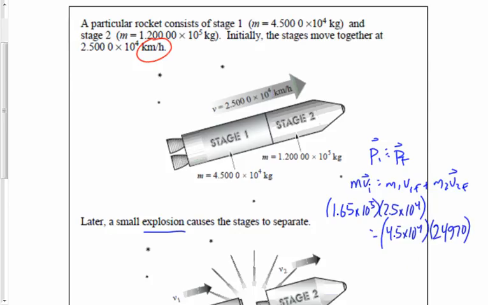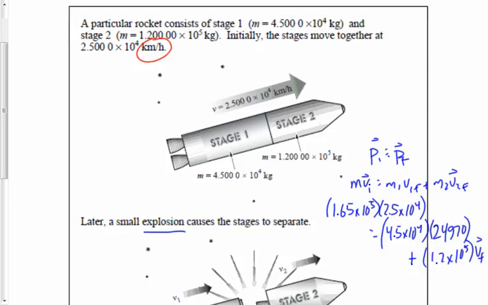And object number 2, wait a second. Yeah, that's right. 1.2 times 10 to the 5 times VF. So you're going to do the math there. And when you do, I think you end up getting C, 25,011. All right.